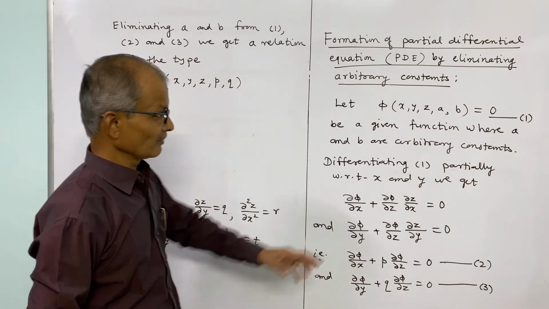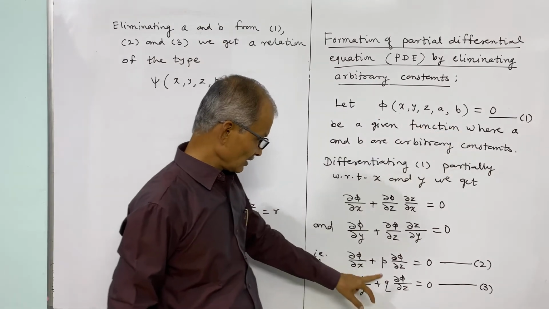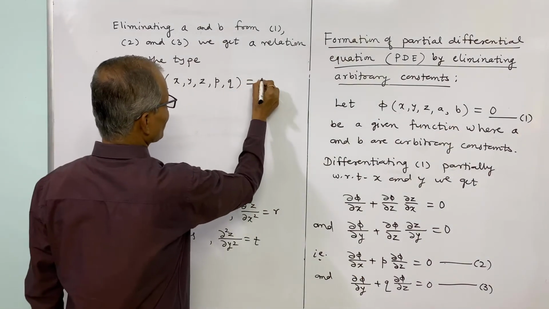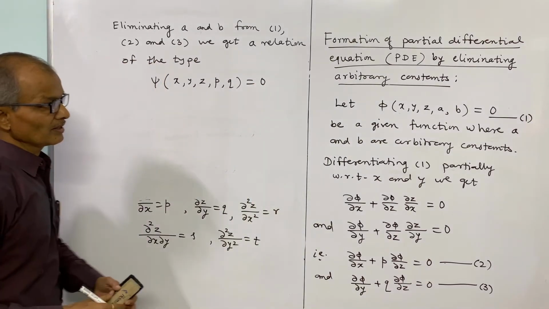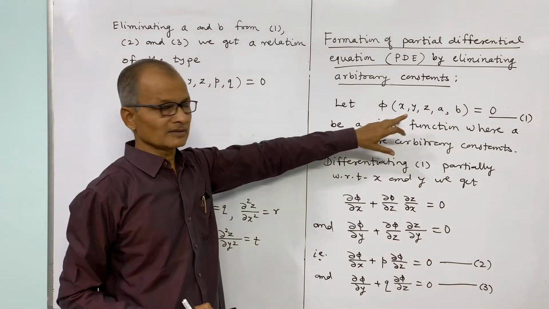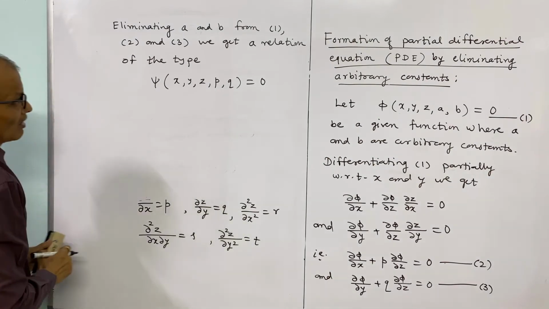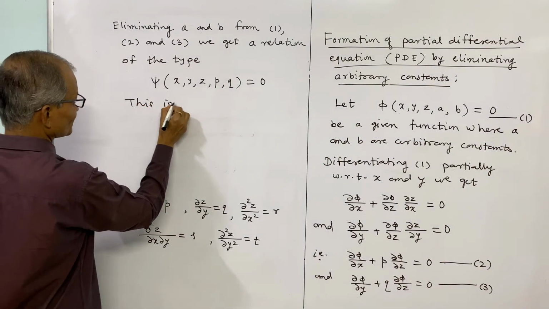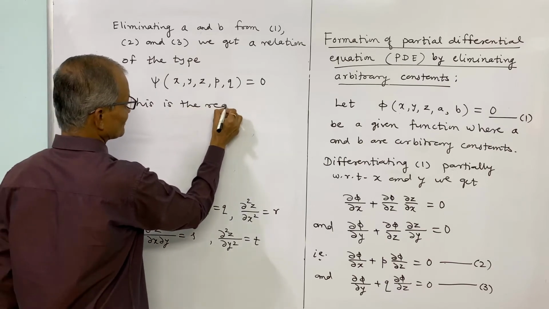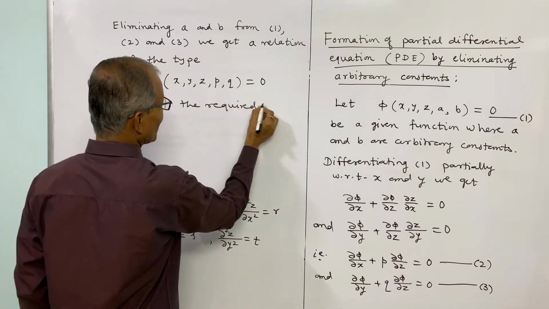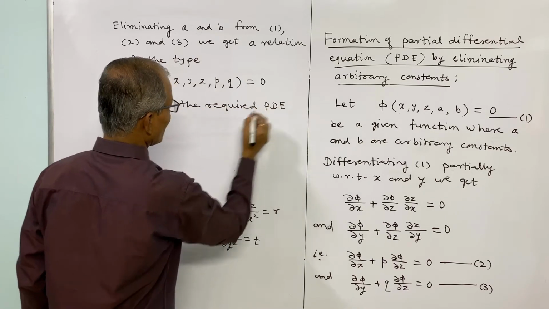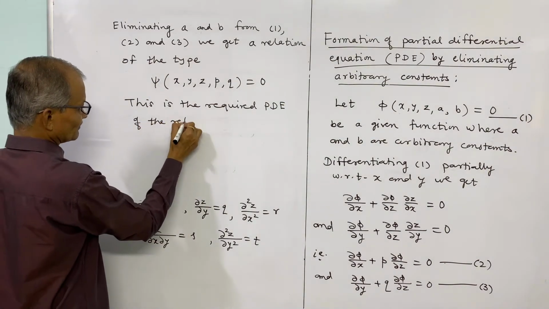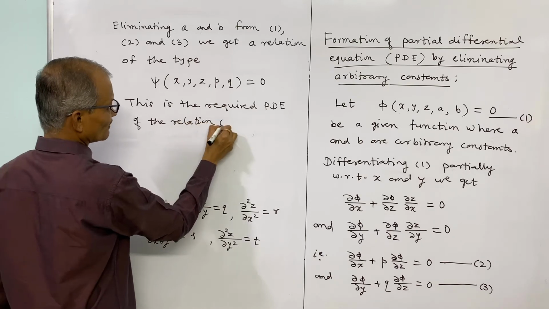Instead of a and b, now it is in terms of p and q. This is the PDE after elimination of a and b. This is the required partial differential equation of the relation or function 1.